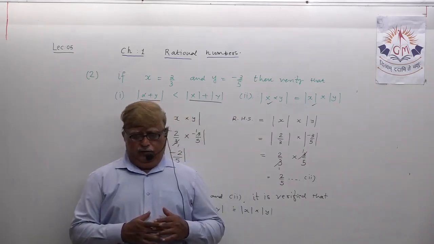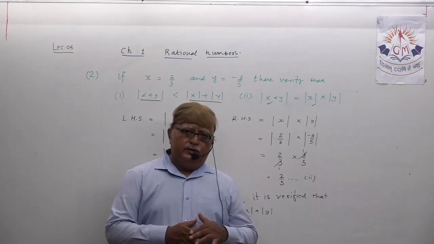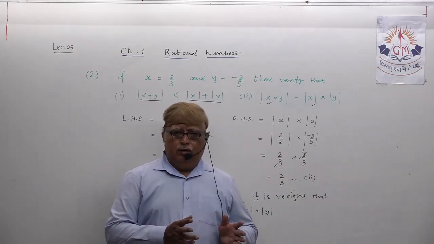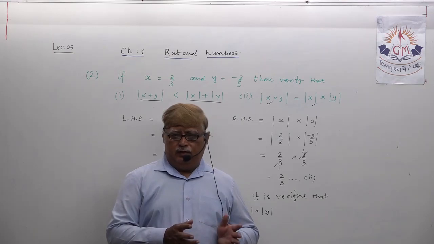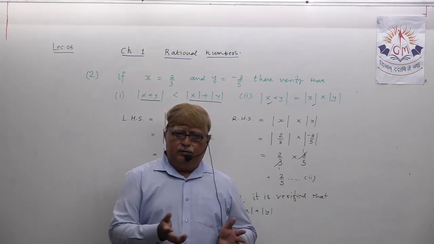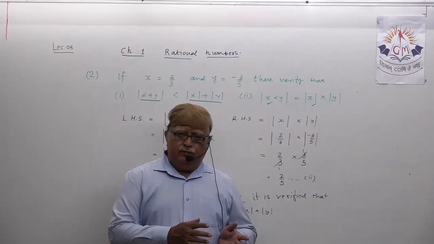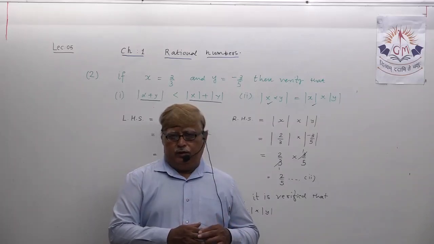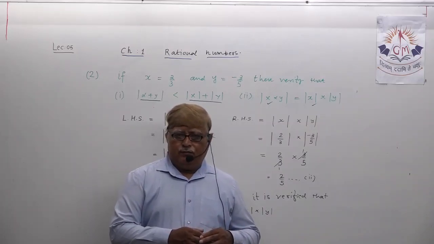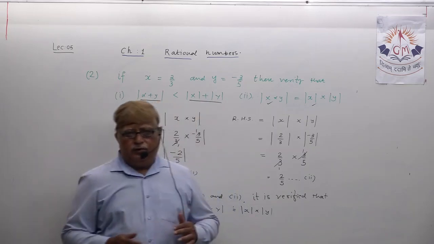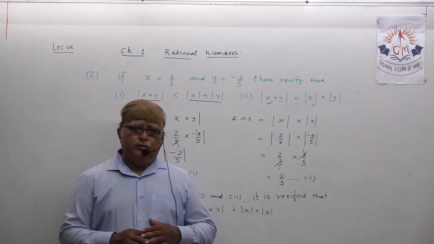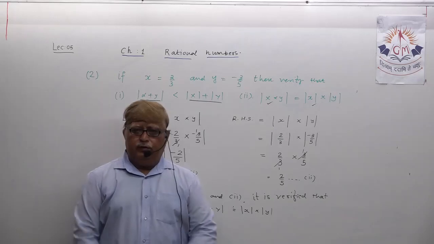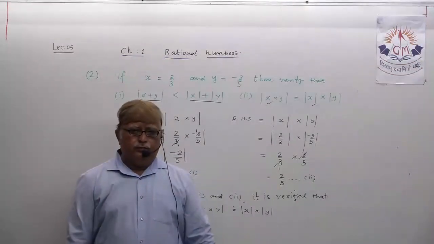So in today's lecture, actually it is an enhancement of the operations addition, subtraction, multiplication, division which you learnt in the previous 4 chapters, but at the same time, to prove the two properties, it involved one more factor, that is the absolute value of a rational number. So this way two properties can be proved.